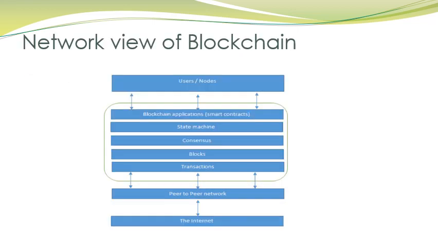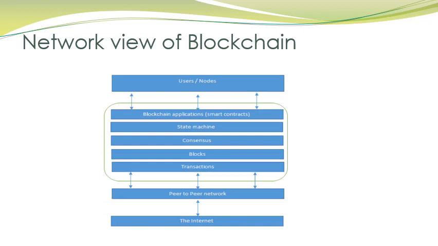Then we have studied the network view of the blockchain. This network view is like the ISO OSI model of the network. In this there are 4 layers. The bottom layer is the internet. Above the bottom layer there is a peer-to-peer network, and the third layer is the blockchain layer. In this blockchain layer several things are combined, like transactions, blocks, consensus, state machine and blockchain application.